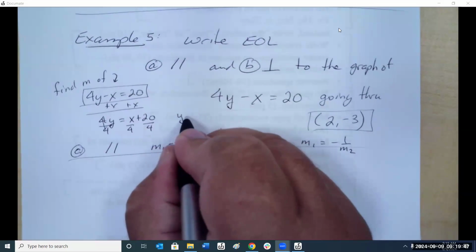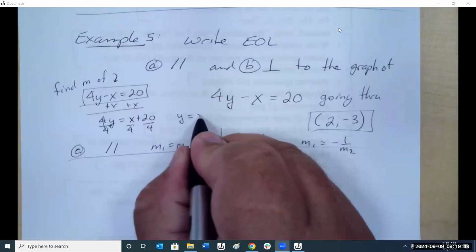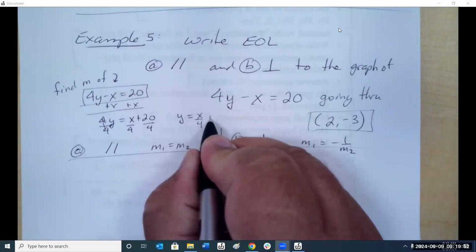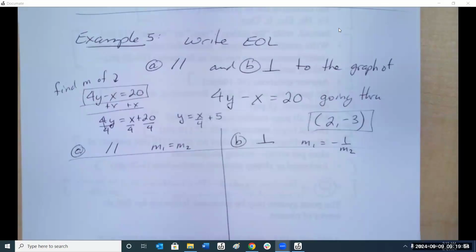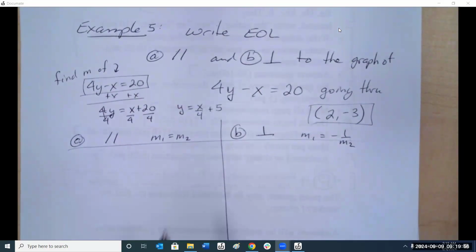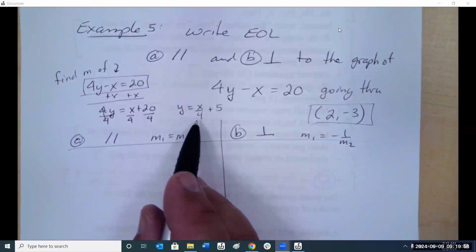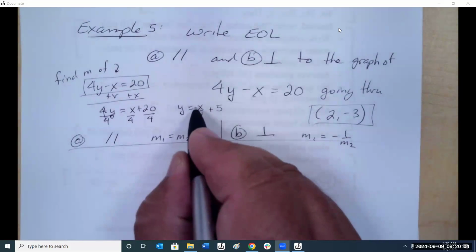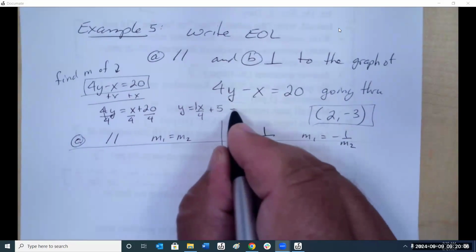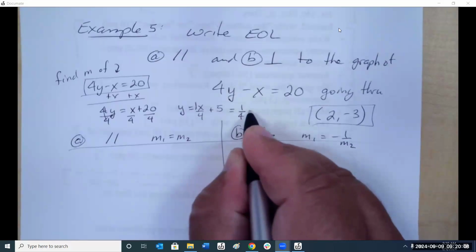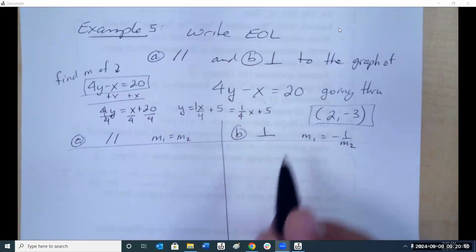We end up with y equals x over 4 plus 5. So what's our slope? 1 over 4, because there's an invisible 1 in front of that x. So it's 1/4 x plus 5.